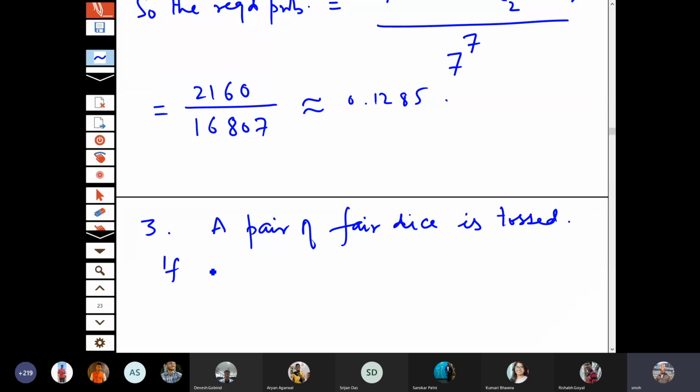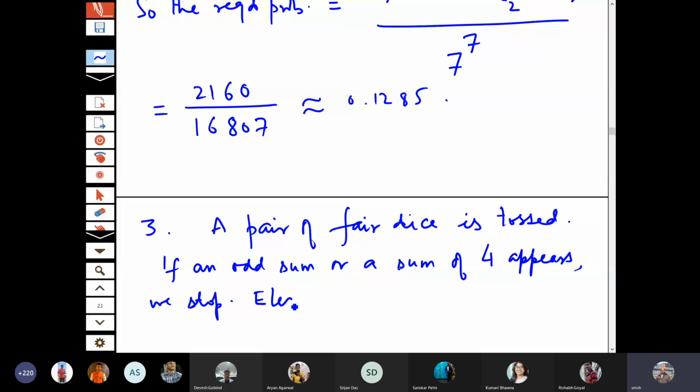If an odd sum or a sum of 4 appears, we stop, else we continue.